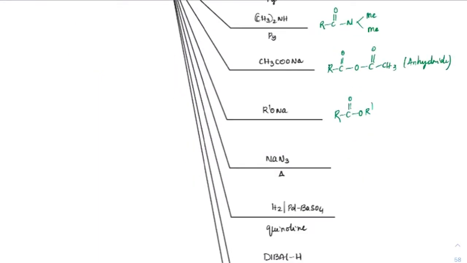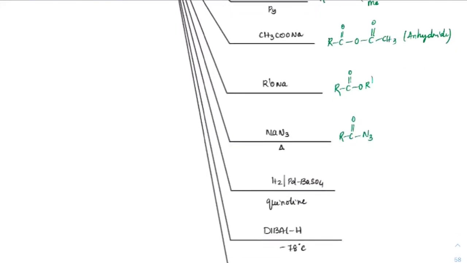N3 minus, first we'll have R, C double bond O, N3, correct? Now when heat is given, let me just remind you, this was Curtius reaction, if you recall. So what happened here? First we had N triple bond N plus and minus. This is N3 minus. So rearrangement can take place if the heat is provided.